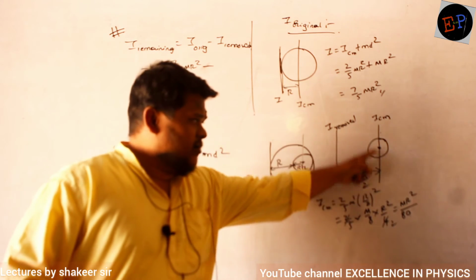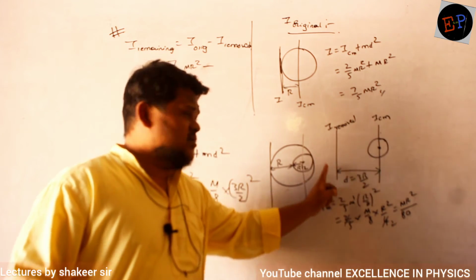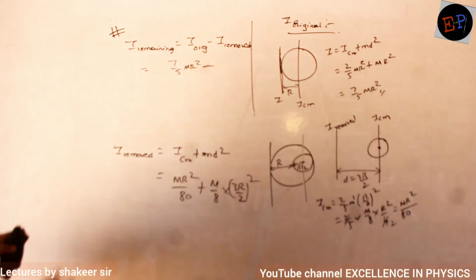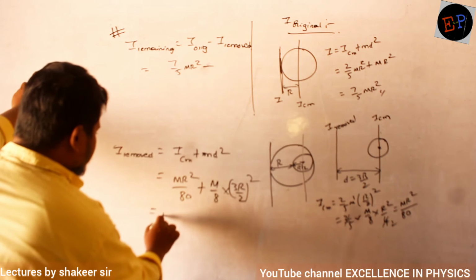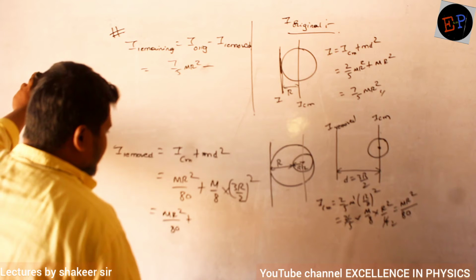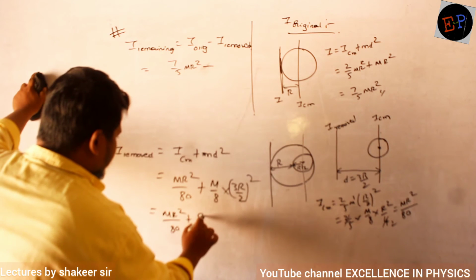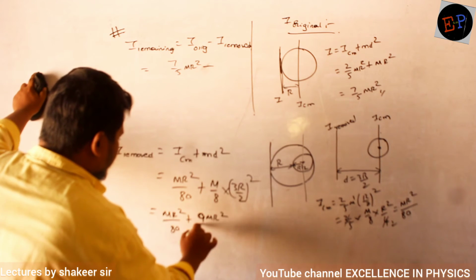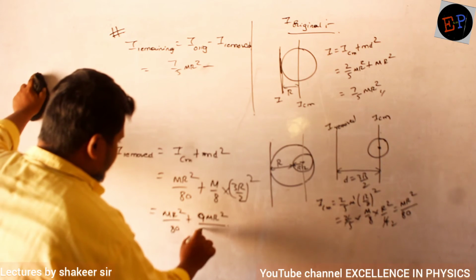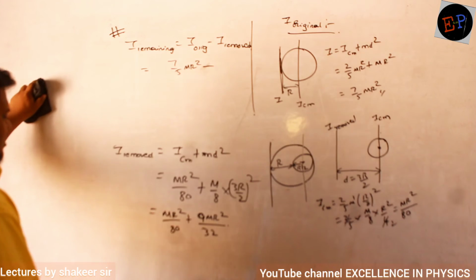So we have calculated only about this one, but about the axis I want to know. So therefore again we are using the parallel axis theorem. Now do this calculation. How much is it? mr square divided by 80, plus 9 mr square divided by 8 times 4, which is 32.